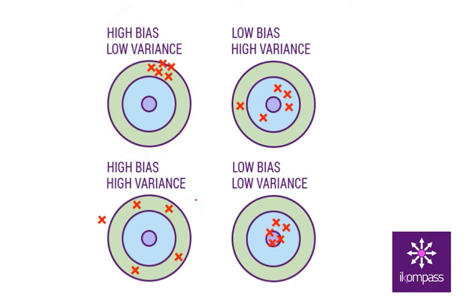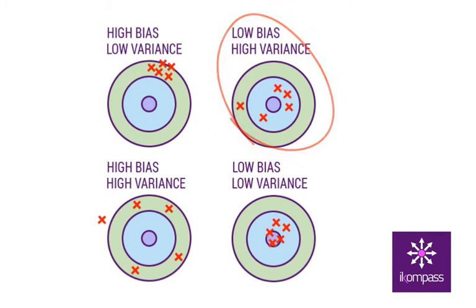A model with high bias and high variance will throw darts all over the board. The darts are far from the bullseye and from each other as well. A model with low bias and high variance will throw darts that could be poorly clustered but close to the bullseye.